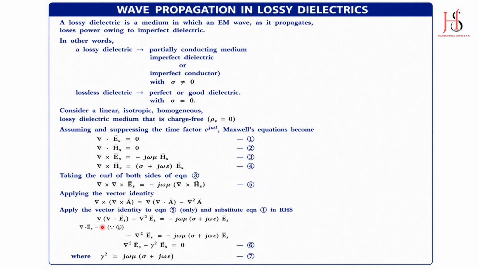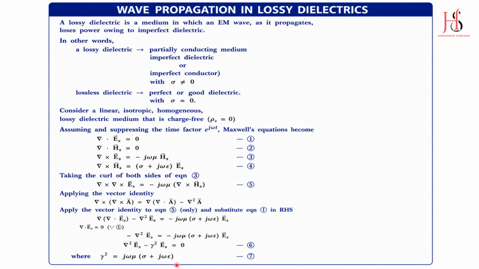Since in this equation the first term on the left hand side, del dot E, is equal to 0 according to Maxwell's first equation, the first term vanishes and the second term alone remains. So minus del square E is equal to the right hand side as it is: minus j omega mu into sigma plus j omega epsilon into E. Now both sides have a minus, so we can eliminate them and write del square E minus gamma square E is equal to 0, where gamma square is nothing but j omega mu into sigma plus j omega epsilon.